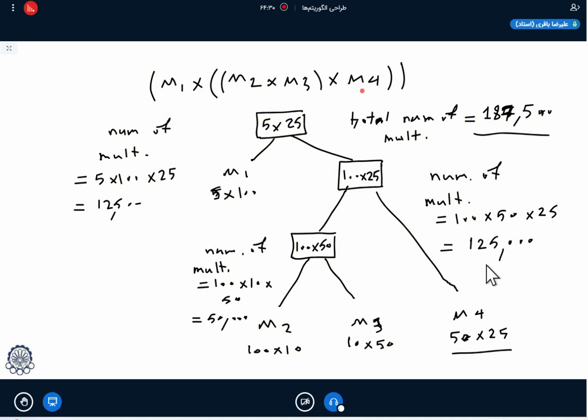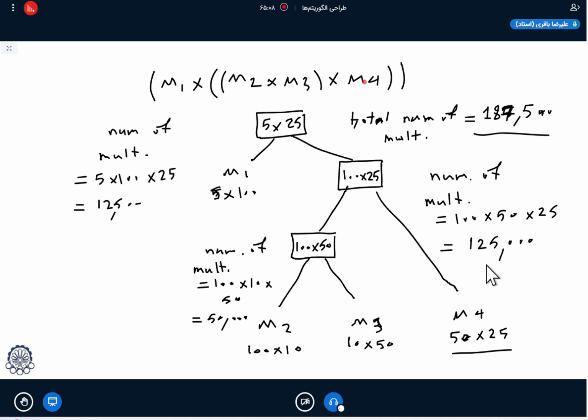This order defines the parentheses. If you first multiply M2 by M3, you have a parenthesis for these two. Then we are going to do the next multiplication. Which is the next multiplication? If it is the multiplication between M2, M3 and M4, the parenthesis is like this.